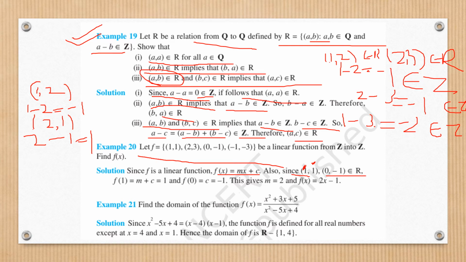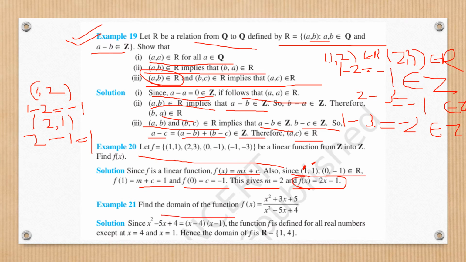So I'll get f(1) is m plus c, which is equal to 1. And f(0) is c. You can see from here, f(0) will give you, place x as 0, you'll get c. c is minus 1. So put that c here. So m is 1 plus 1, that is 2, right? So my function, put back the values of m and c, I'll get the function as 2x minus 1.